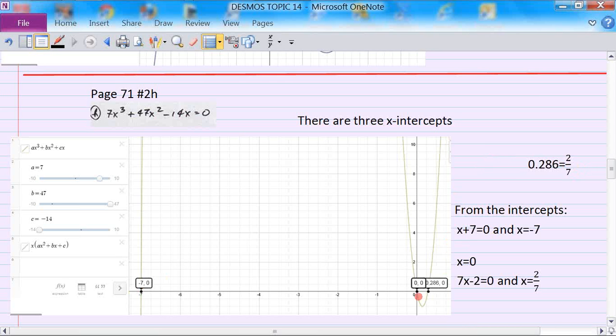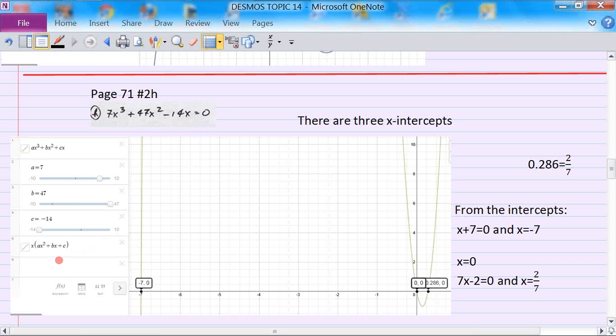But first of all, we put this equation in here, and a is 7. That's the coefficient of x cubed. b is 47 right here, and c is minus 14, which is this value here.